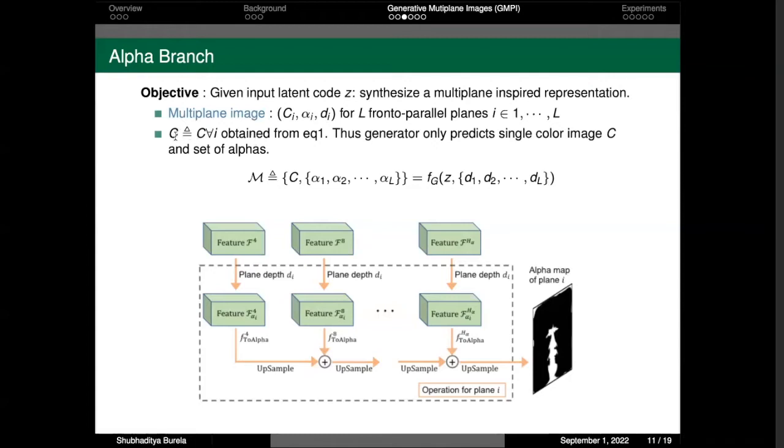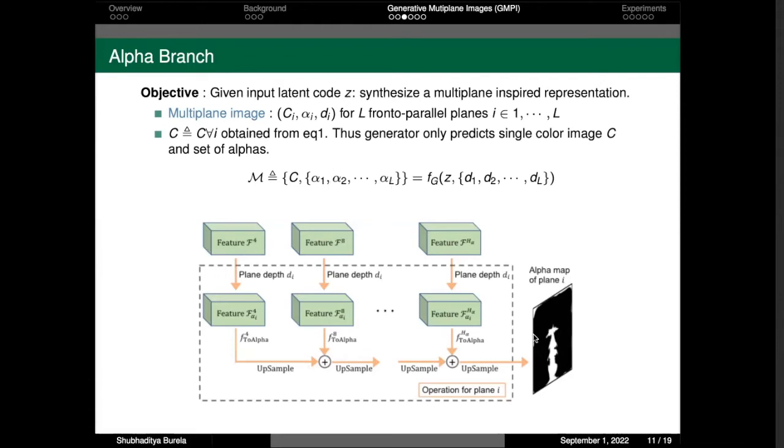As a significant simplification, the authors choose the same color texture throughout all the different planes. So we do not have C_i's anymore. We just have one C. So the task of the generator now has been reduced from predicting an entire multiplane image representation to predicting just a single color image and a set of alpha planes.